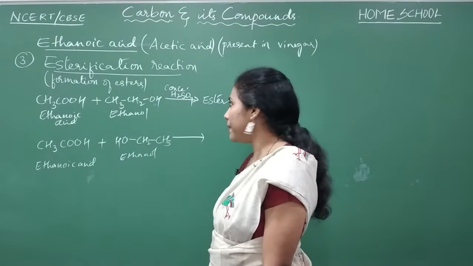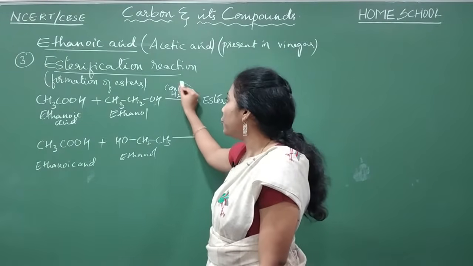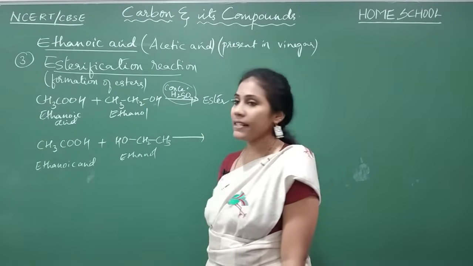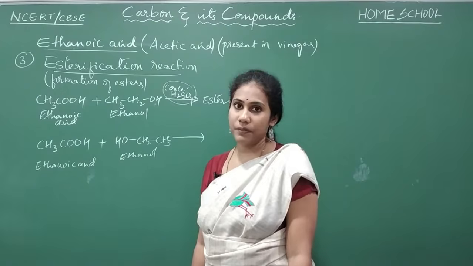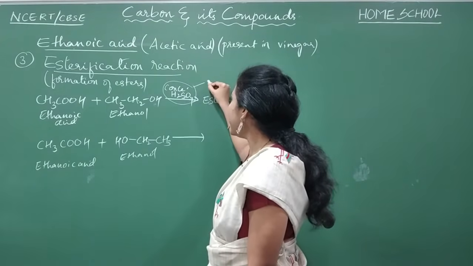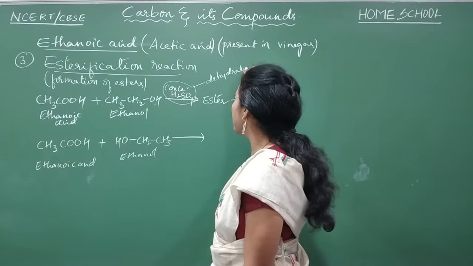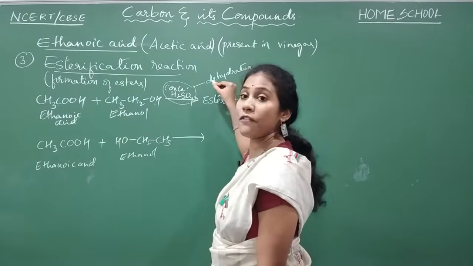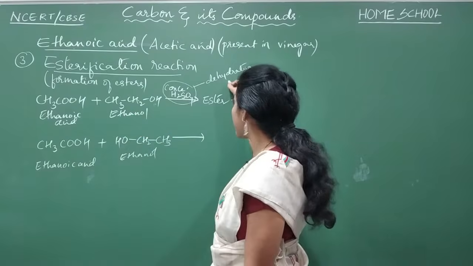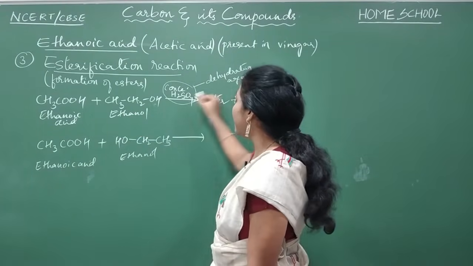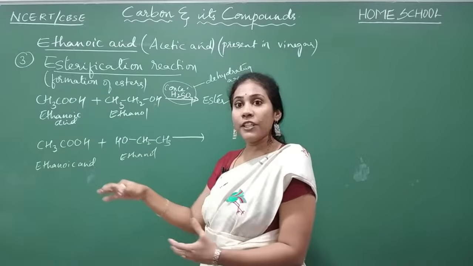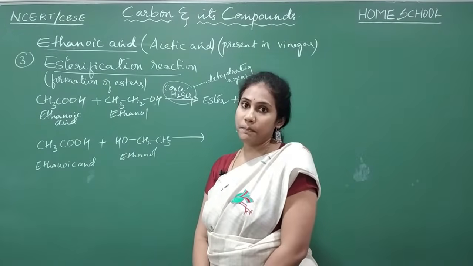And now what happens is, okay, you know the purpose of concentrated sulfuric acid. Okay, so what is this, guys? It is actually a dehydrating agent. Yes or no? You studied in case of ethanol reactions. So this guy, when it is there, water molecule always comes outside.